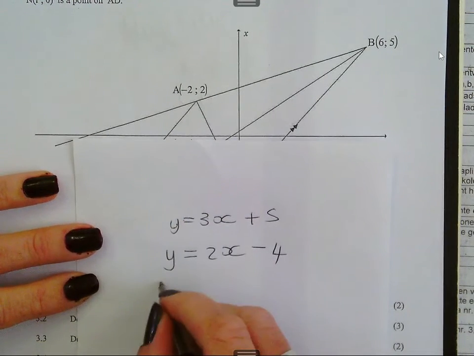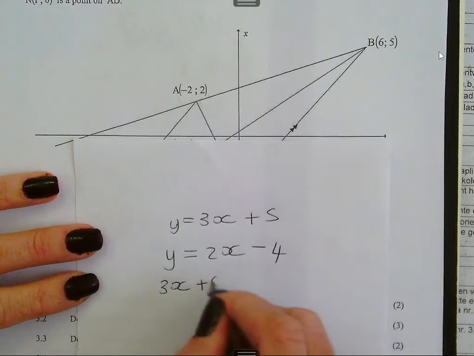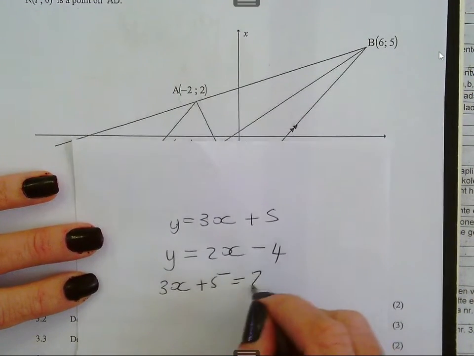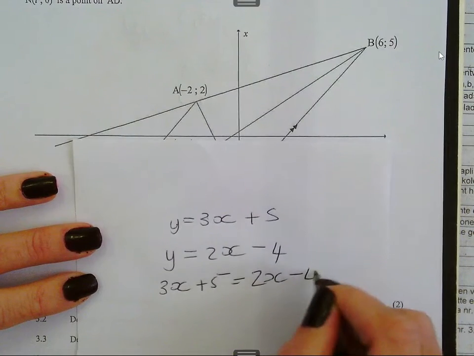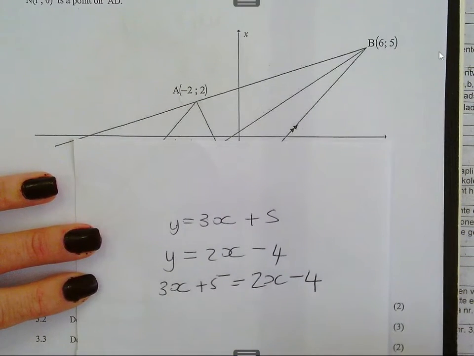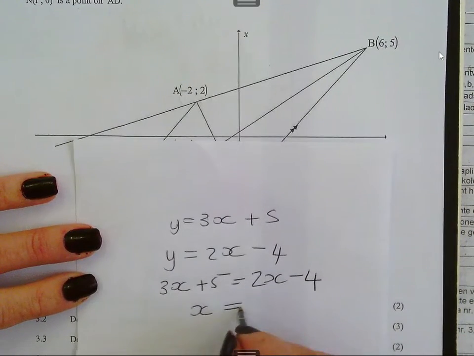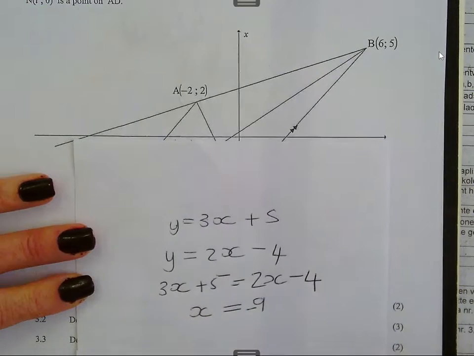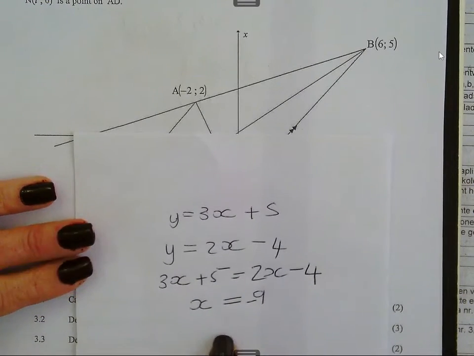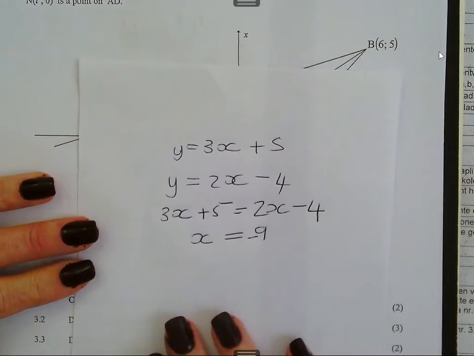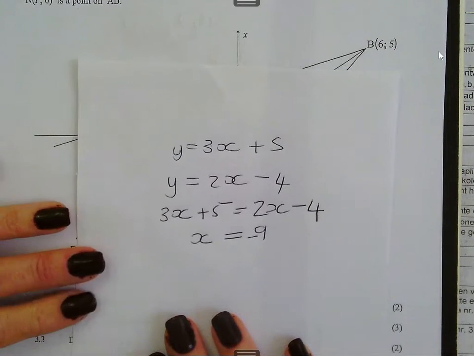So all I'm going to do is I take the part that has the x, I let it be equal to the other part that has the x, and I solve it. So I take the x's to one side, it's 3x minus 2x, it's x, minus 4 minus 5 is equal to minus 9. Then I've got the x value. Do you remember simultaneous equations? This is the same thing.